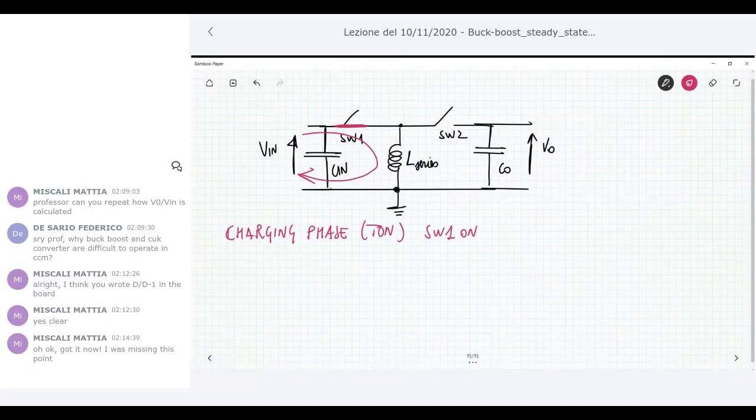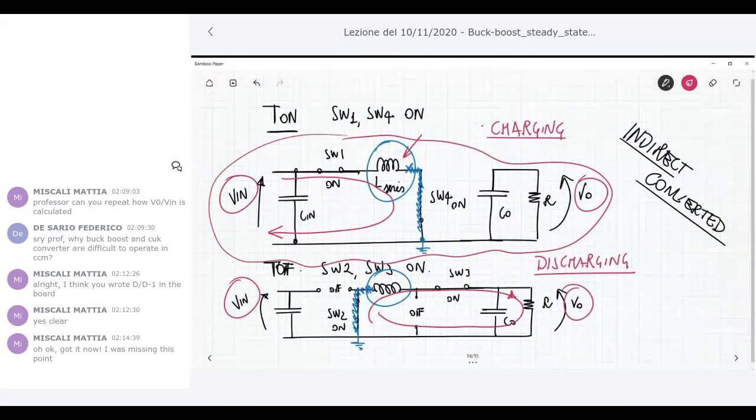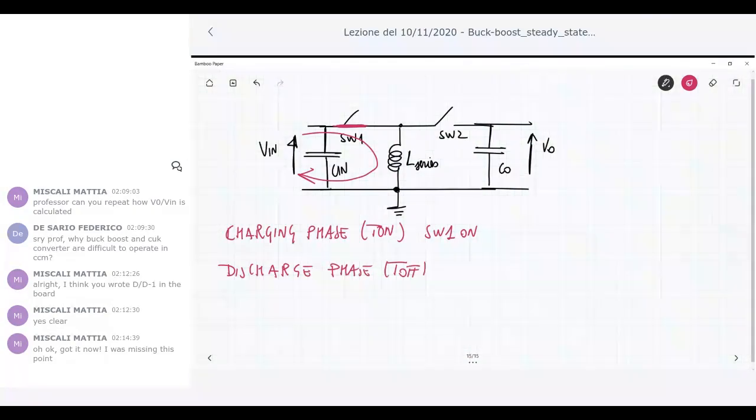Now the inductance is connected in this way, so it is charged by the voltage V. This is exactly what happens in the charging phase of these circuits. Exactly the same. Okay? As you can see, the circuit is the same. When you have the discharging phase, it means that you have to open switch 1 and close switch 2.